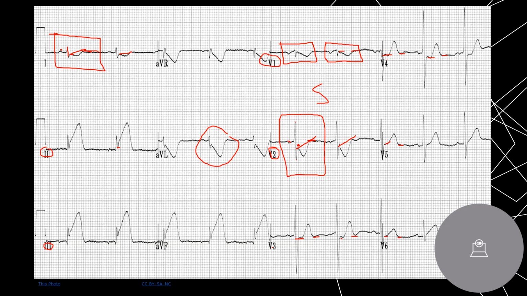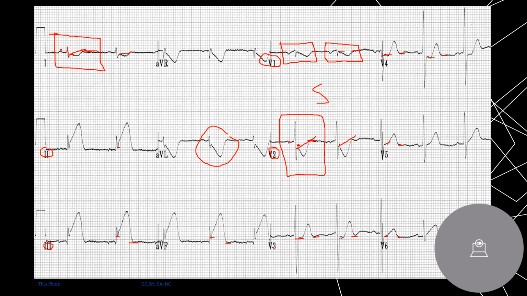Okay, so yep, elevation, elevation, which is crazy because these are so big, but this is only like 1, 2, 3, maybe 4 millimeters of elevation, which is still significant. I'm not saying it's not, but they're just so pronounced.